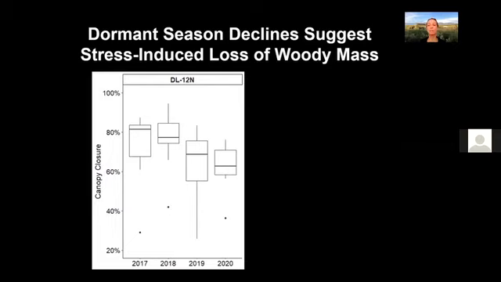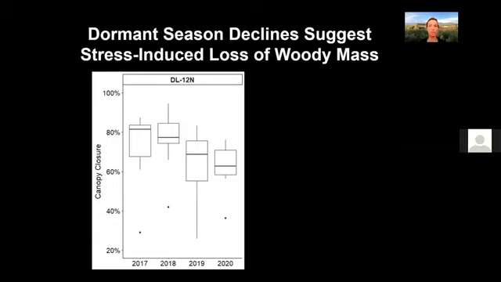So when we see 92% cover in the summer, you can do some back of the napkin math and figure out how much of that is foliage. But when we see breeding season cover drop to nearly 80%, that translates to very little foliage left on the trees. The other thing to notice here is the obvious decline in woody mass over time.